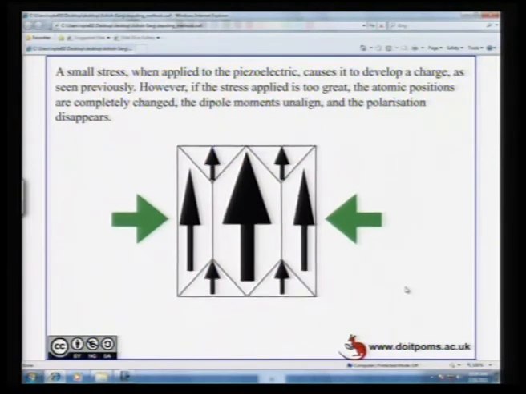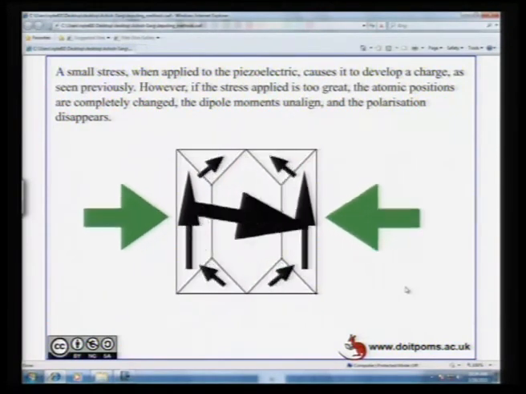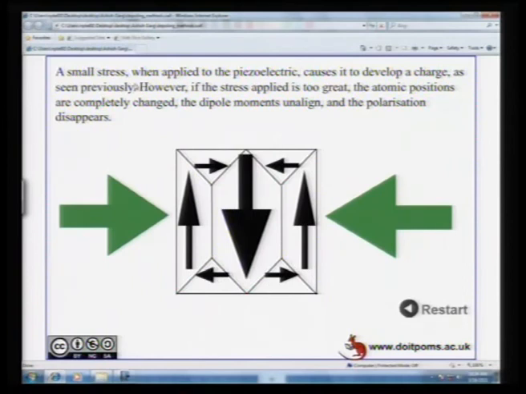Mechanical depoling is essentially when you apply a small stress to a piezoelectric material, this leads to development of a charge, as you already know from the direct piezoelectric effect. Normally we are talking about stress levels which are small, but when the stress levels become very high, these atomic positions can completely change.